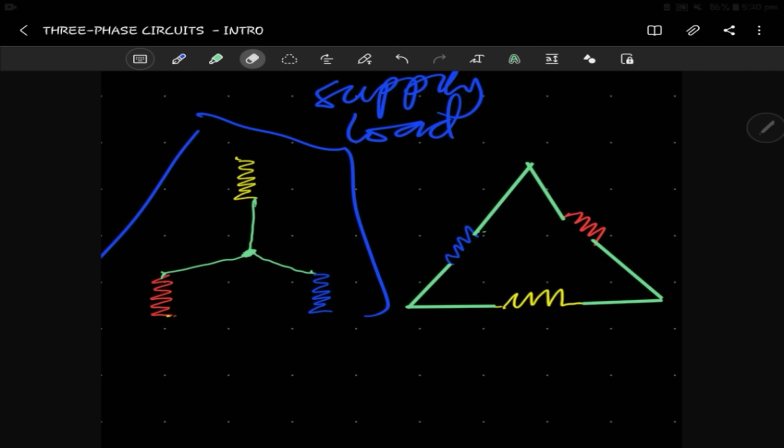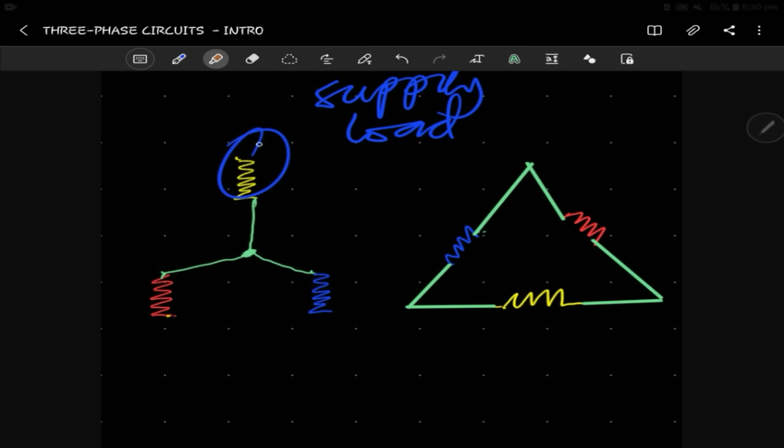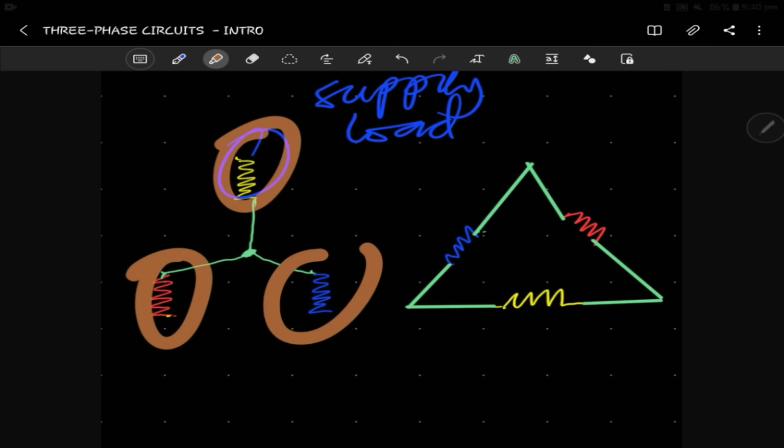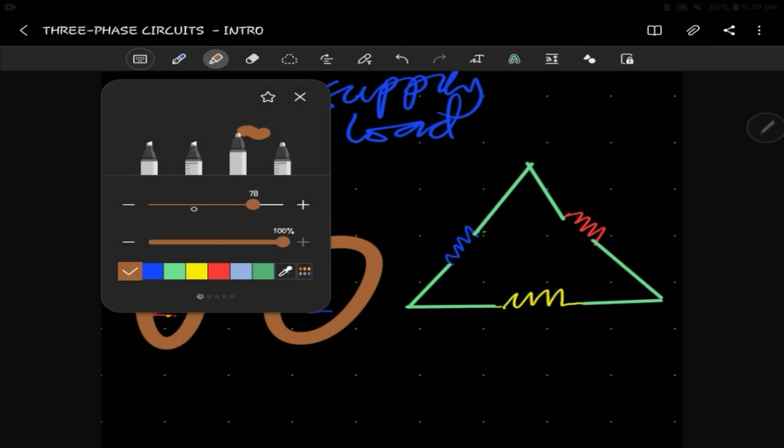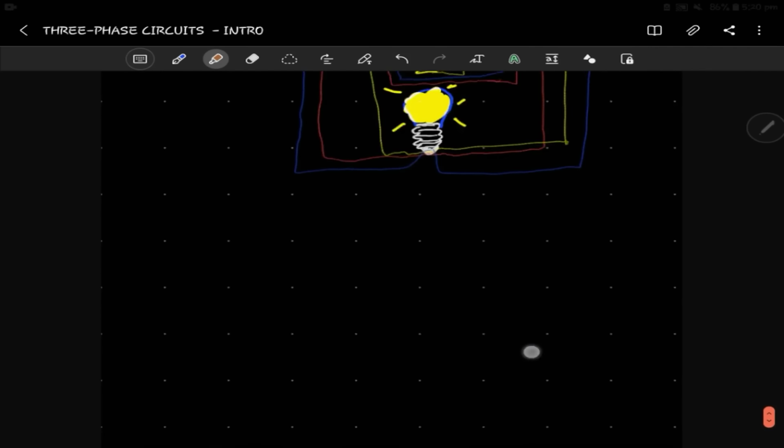So let's see, if they are loads, we have three loads, right? One load here, one load here, another load here, and another load here, right? And then we see that these are the common ways of arranging the three phase systems. Let's go back to this one.